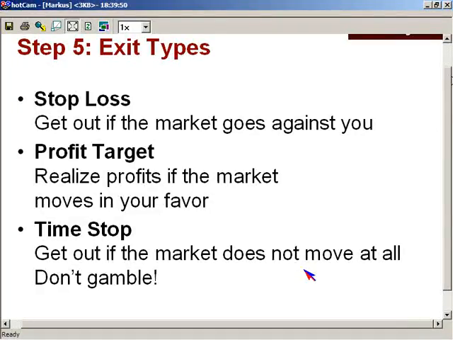They go a little bit up, they go a little bit down, but they don't move at all. 5 minutes go by, 15 minutes go by, 30 minutes go by, nothing happens. Have you ever experienced it, that the market just seems to be dead right now? Well, now obviously your underlying assumption was wrong, because your underlying assumption is if we break out of the previous day high, then we will quickly reach a new high and you should be able to realize your profit target. See, if the market does not move at all, get out.